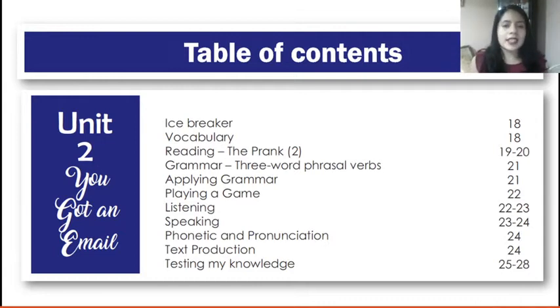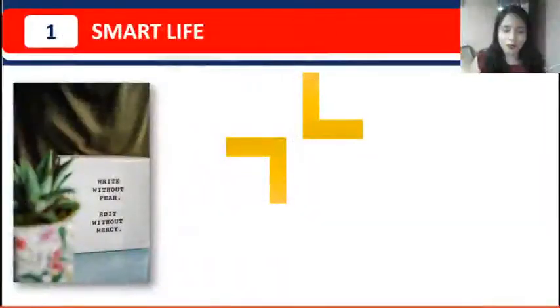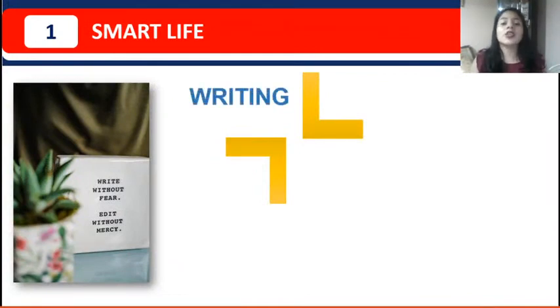So listen, guys, before we start unit 2, I need to give you some information according to your level, okay? It's important that you have this information already. Here we have the information that I want to tell you. Do you think what it is going to be about? Well, listen, I have to give you the information related to the writing, okay?